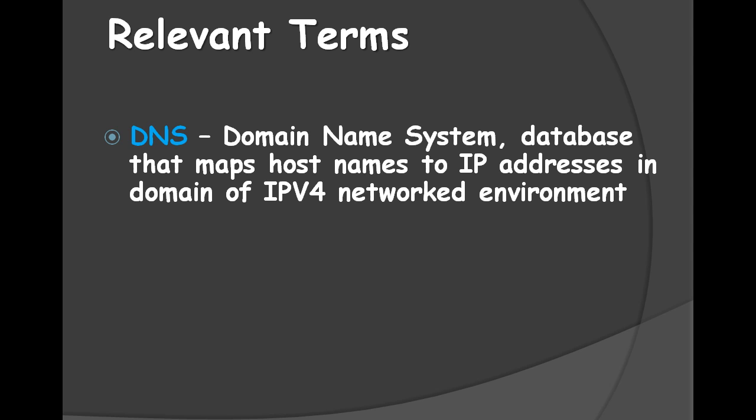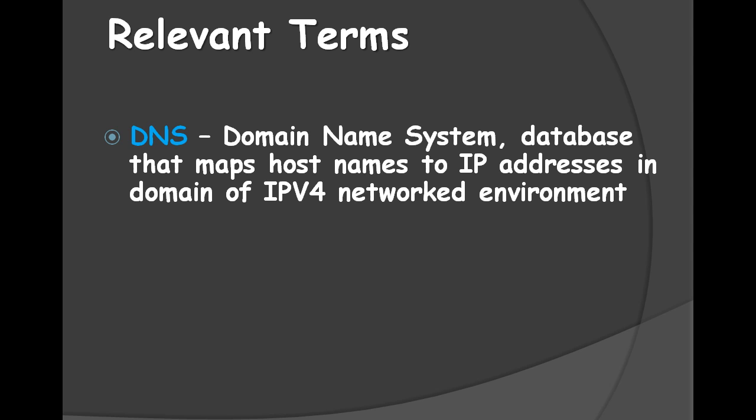Communication among the machines in a given network is in binary, ones and zeros. But for humans to remember the address of a particular device or machine on a network would be very difficult if we had to refer to it by its numeric address.